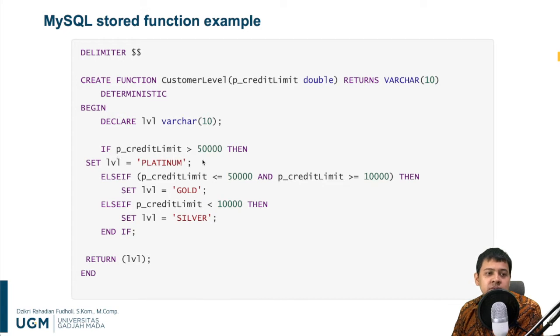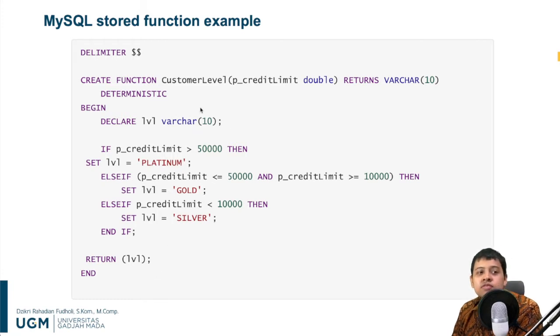If the pCreditLimit is more than 50,000, then we set the level as PLATINUM. If it's between 10,000 and 50,000, it's GOLD, and if it's below 10,000, it's SILVER. After that, we return the lvl.